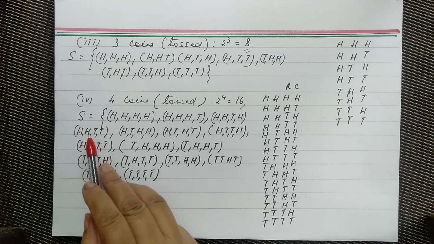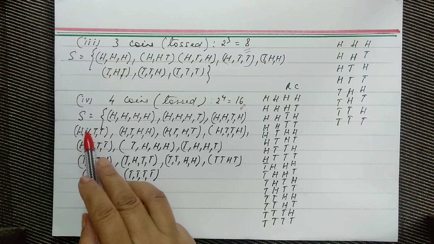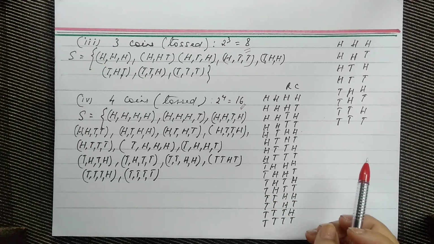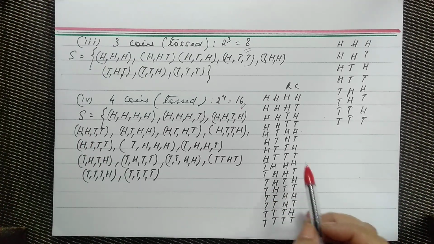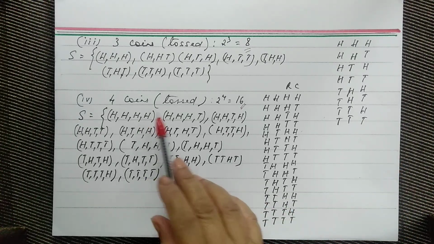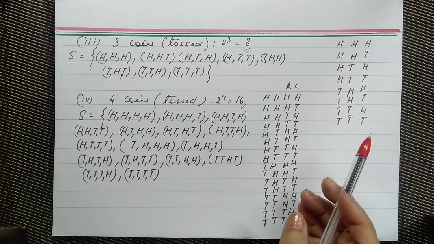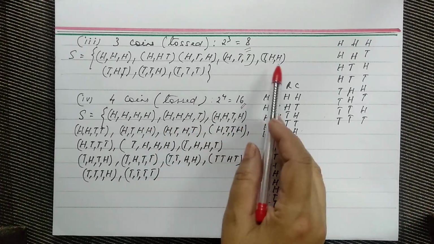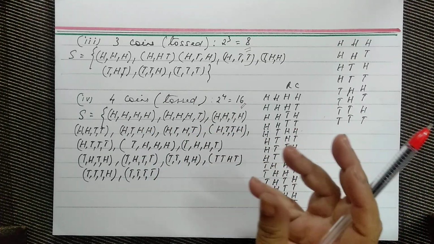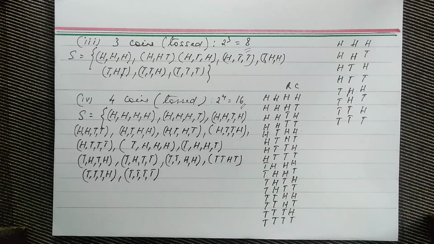In other words, in CBSE board we call it the total number of possible outcomes. There is a possibility that any of them can happen. If 4 coins are tossed in the air, any of these can take place. Understood? So these are the possibilities which we are able to derive and understand.